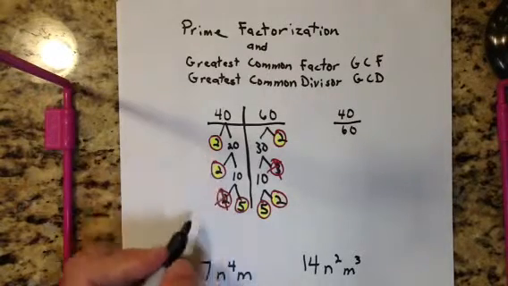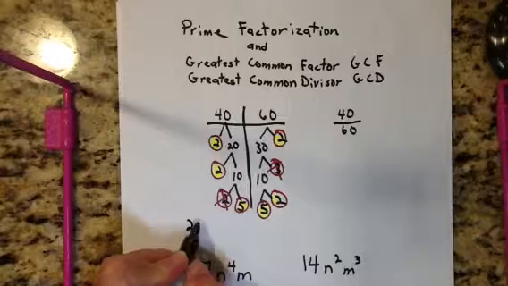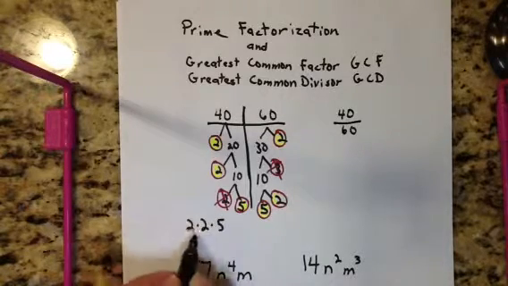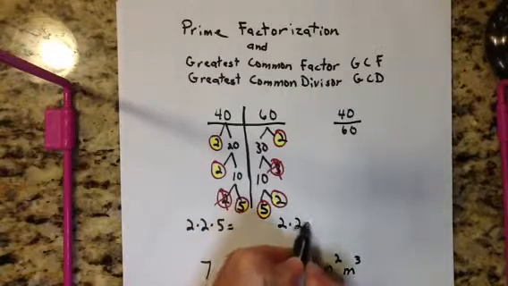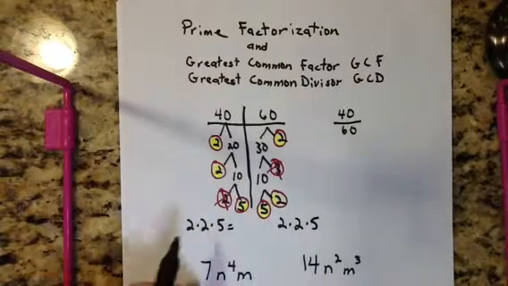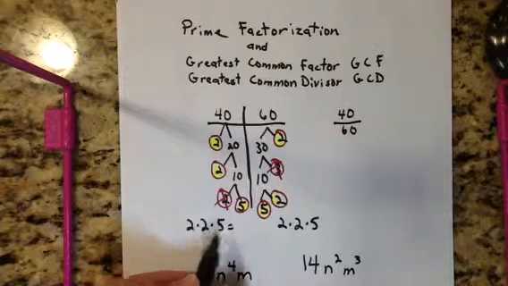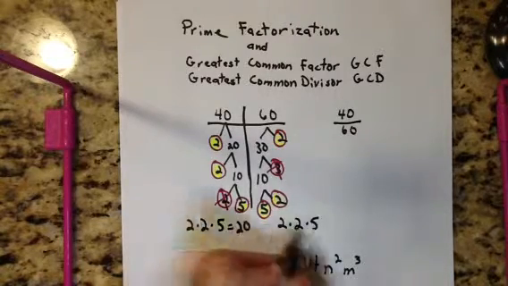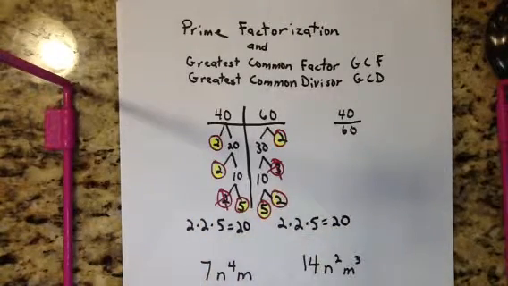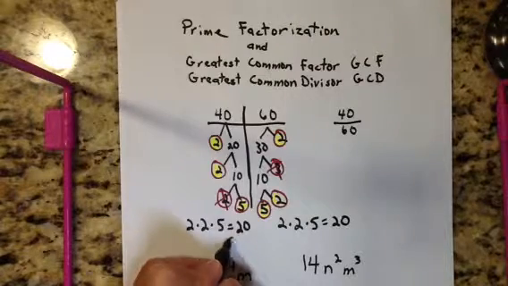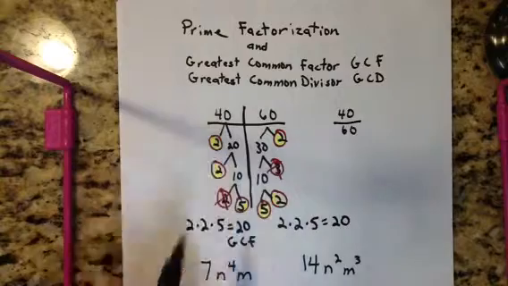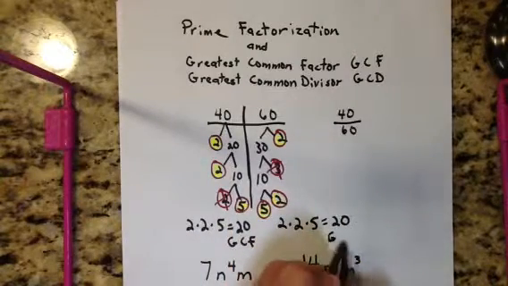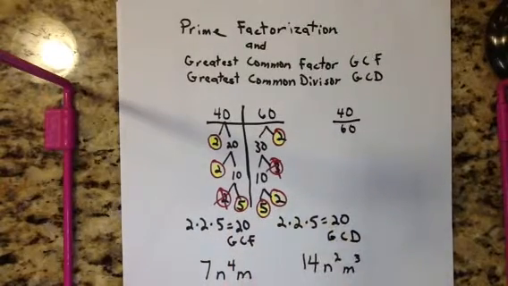Now, my prime factors are 2. Notice I put the multiplication symbol between them. Over here, the same, because we're looking for what's in common. 2 times 2 is 4, times 5 is 20. So, this would be the greatest common factor of both of these numbers, or we can call it the greatest common divisor.